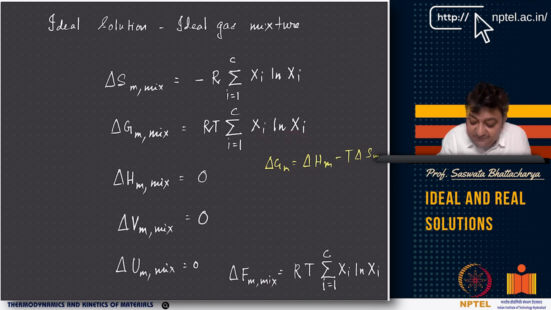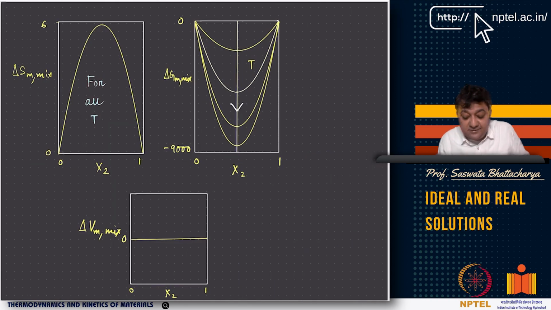Obviously, you can see from here that at any temperature it has to be negative for an ideal solution. And if you look at that, delta H_m of mixing is 0, delta V_m of mixing is 0, and delta F_m of mixing is the same as delta G_m of mixing, which is the Helmholtz free energy of mixing. And the delta U_m, the internal energy of mixing, again becomes 0 because there is no interaction between the constituents.